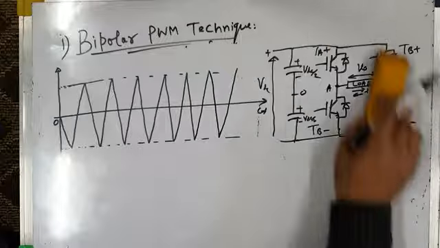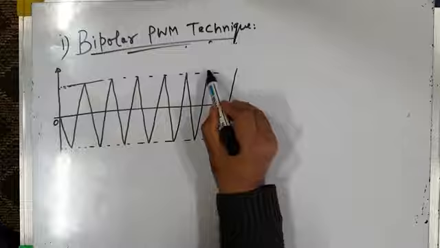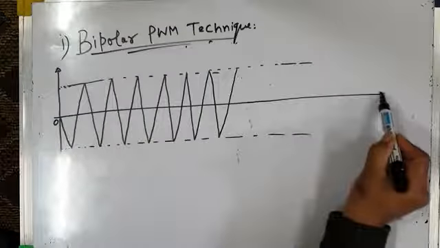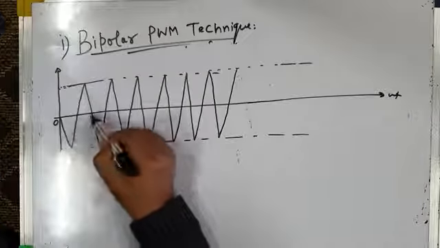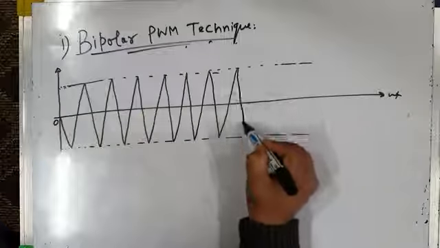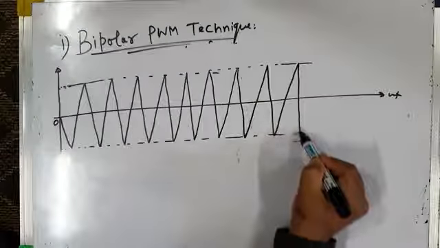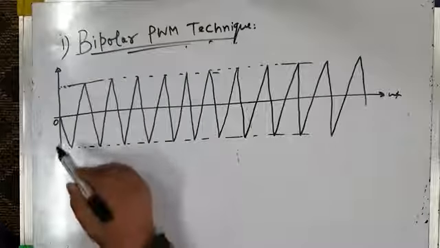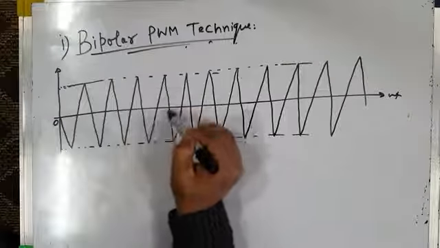I may have to erase this power circuit diagram. I will draw it separately. See, this is 1, 2, 3, 4, 5.